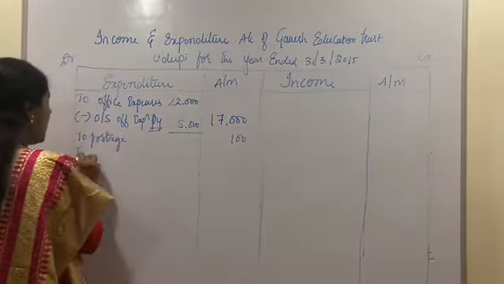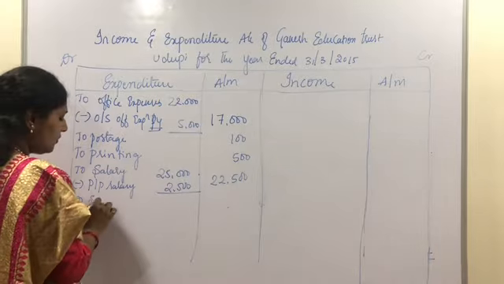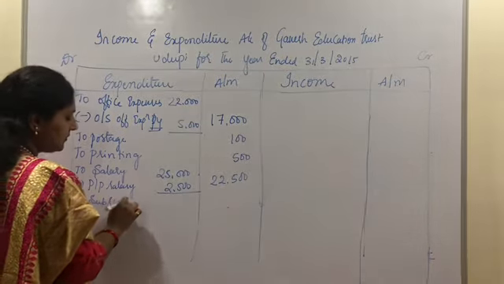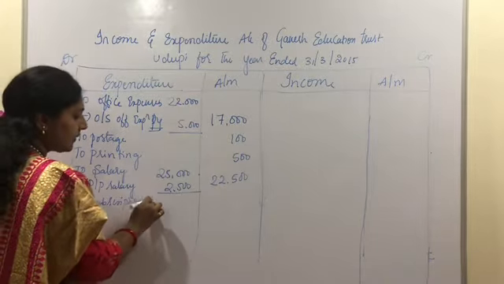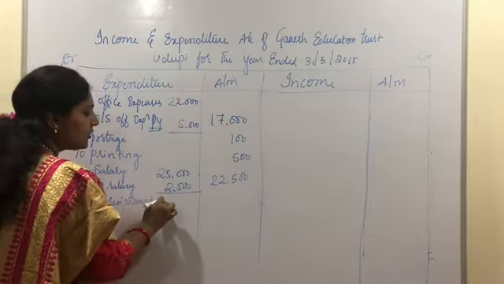So after the salary, the next expenditure is subscription to newspaper. To subscriptions to newspaper. The balance of subscriptions to newspaper is 600 rupees.